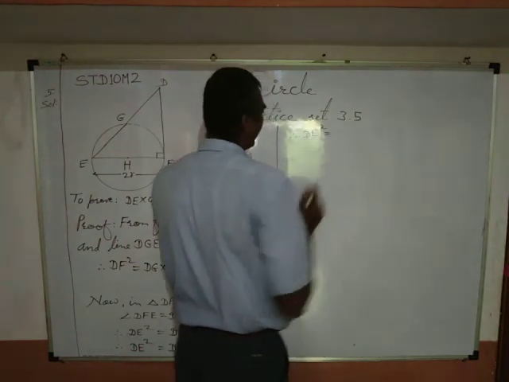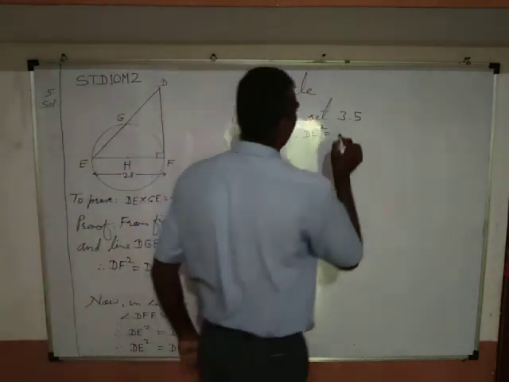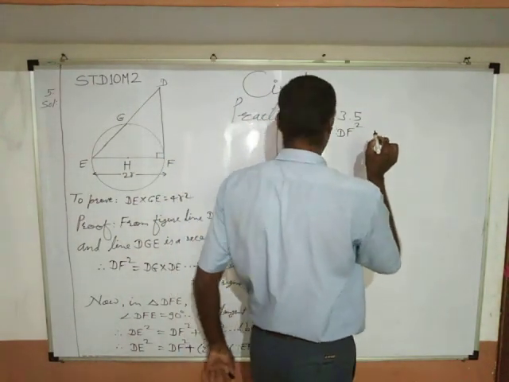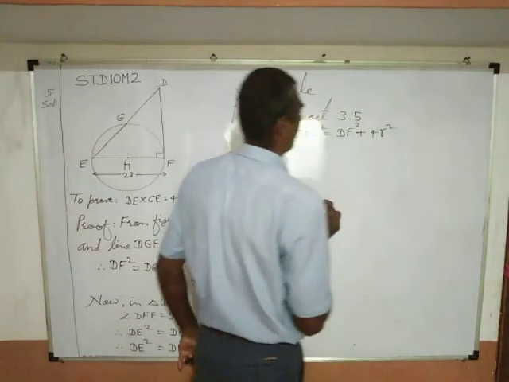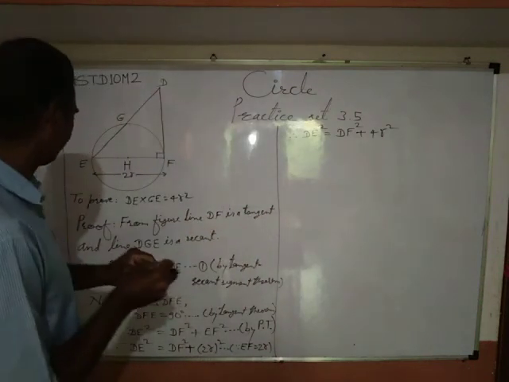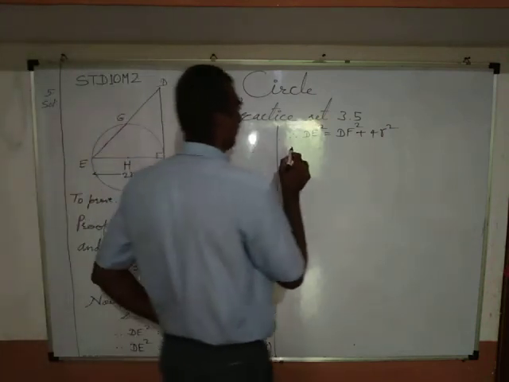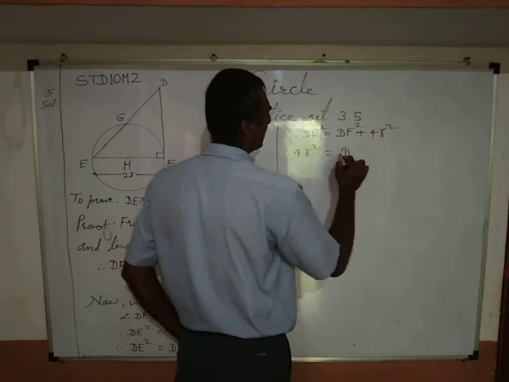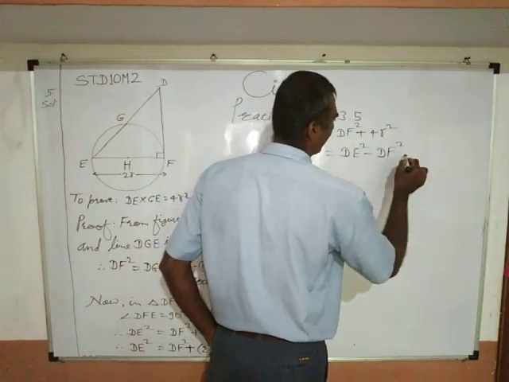Therefore DE square equals DF square plus 4r square, and so 4r square equals DE square minus DF square.